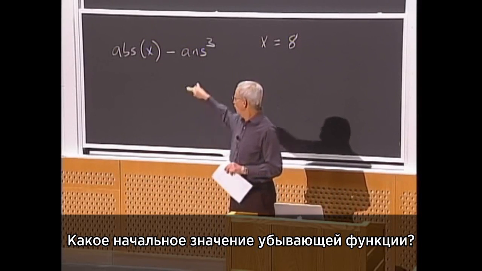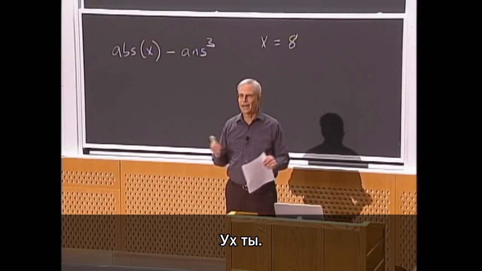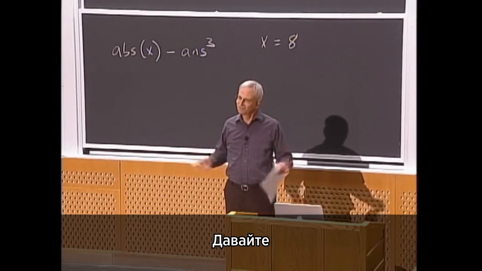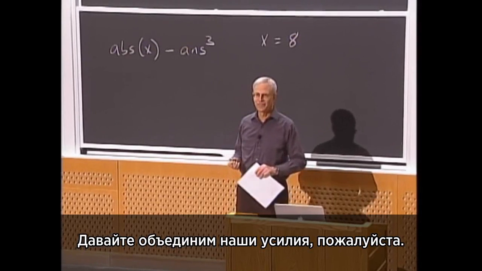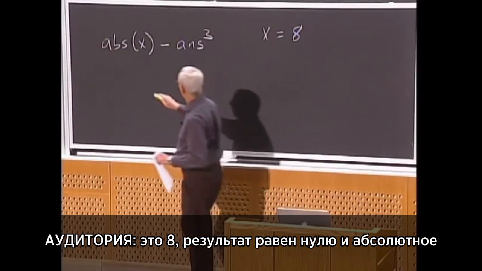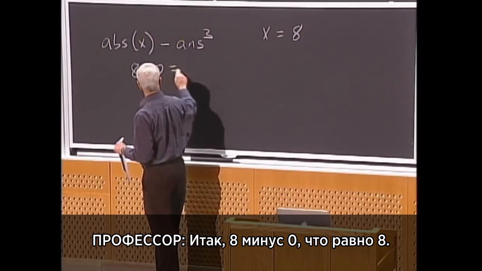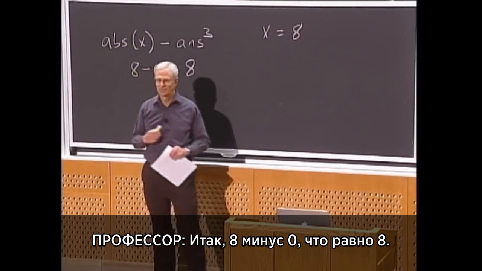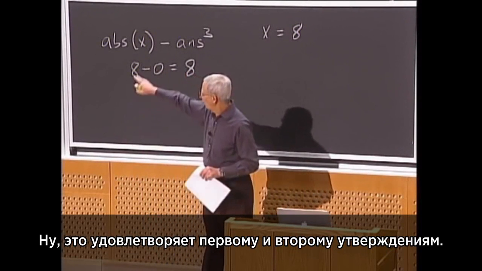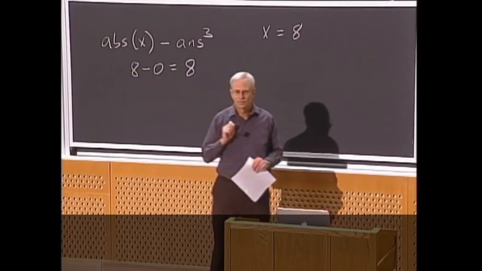What is the initial value of the decrementing function? Wow. Come on. Let's be a little cooperative, please. Yes? So it's 8, answer is 0, and absolute value of x is 8. So it's 8 minus 0, which is equal to 8. So it satisfies conditions 1 and 2.